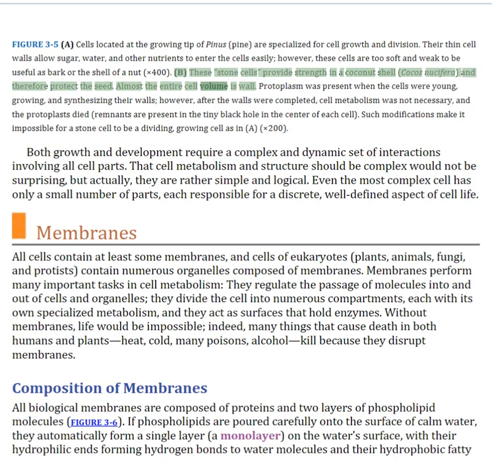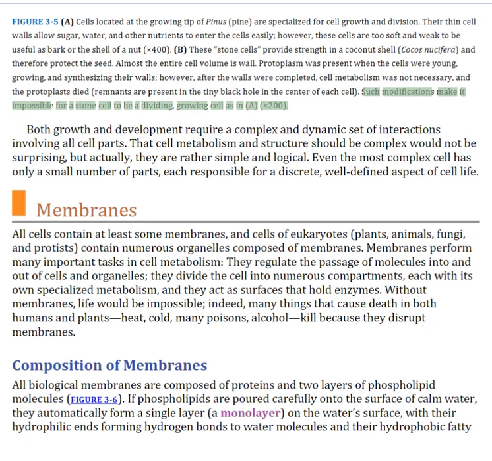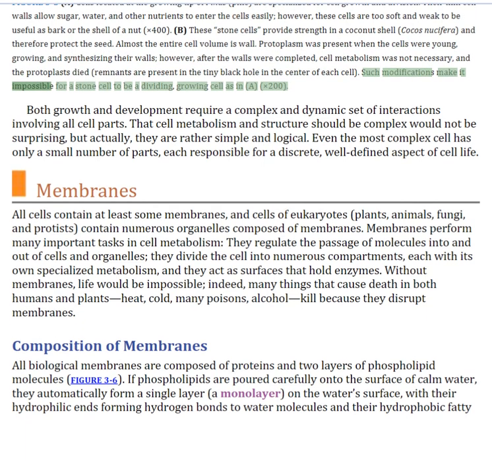Almost the entire cell volume is wall. Protoplasm was present when the cells were young, growing, and synthesizing their walls. However, after the walls were completed, cell metabolism was not necessary, and the protoplasts died. Such modifications make it impossible for a stone cell to be a dividing, growing cell as in Figure 3.5.